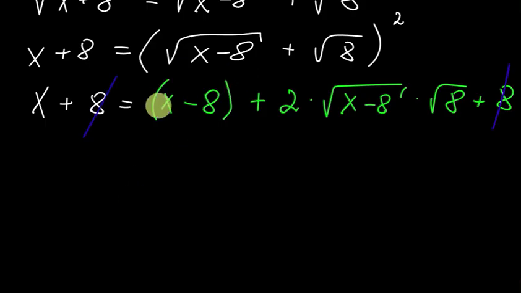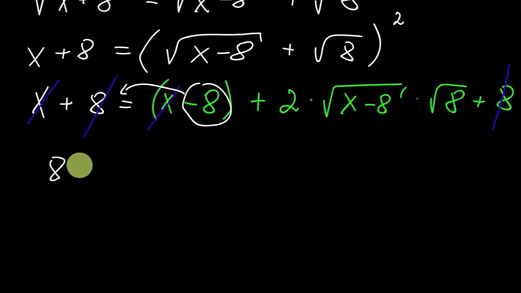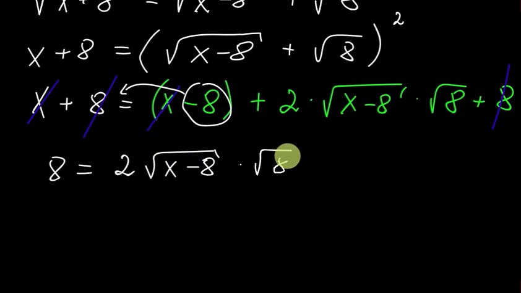The same goes for x, so this x will cancel. So let's move this 8 to the other side, and we get that 8 is equal to 2 times the square root of 8 times the square root of x minus 8.